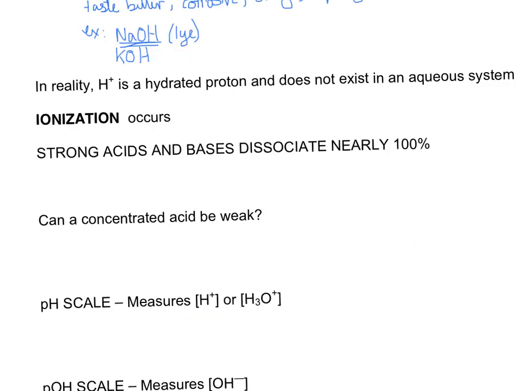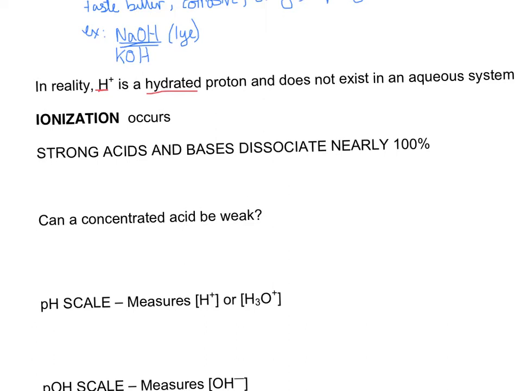Now in reality, H plus is really a hydrated ion. It does not exist as really H plus in water. If you have an H plus, it's going to be hydrated, which means it's going to be surrounded by a bunch of water molecules. And so in reality, H plus or even H3O plus hydronium don't really exist. In reality, it's H plus with a bunch of water molecules, like 5 or 6.